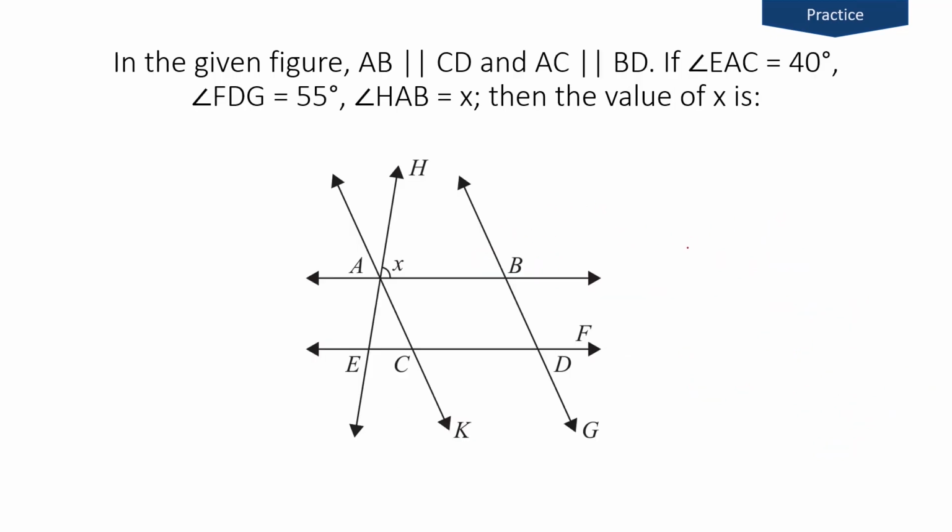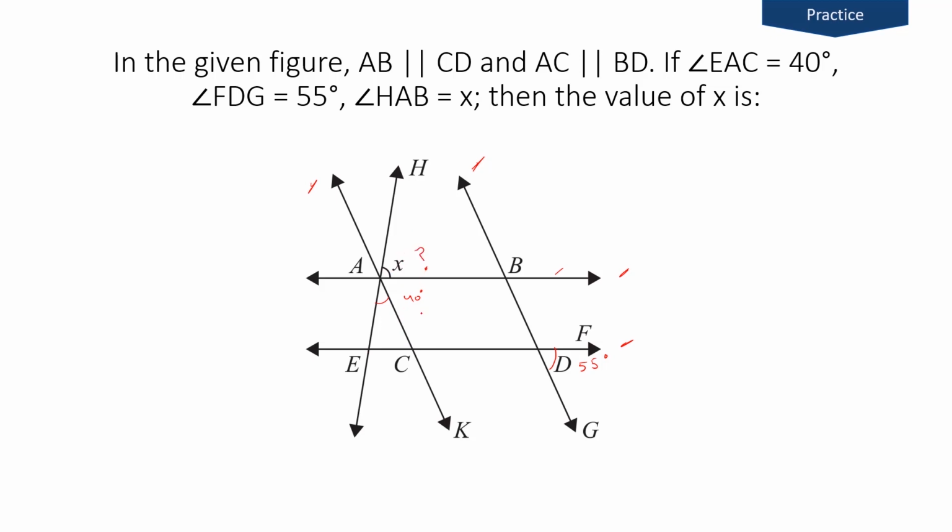Now in this example, we are told that AB is parallel to CD. So these horizontal lines are parallel. AC is parallel to BD. Angle EAC is 40 degrees. Angle FDG is 55 degrees. Angle HAB is X. So that is marked here.